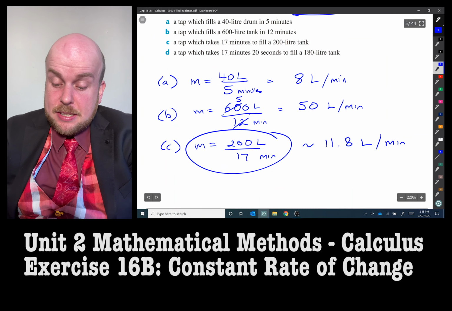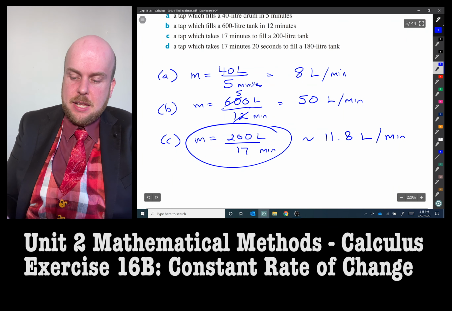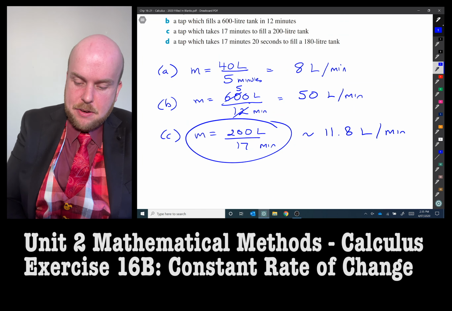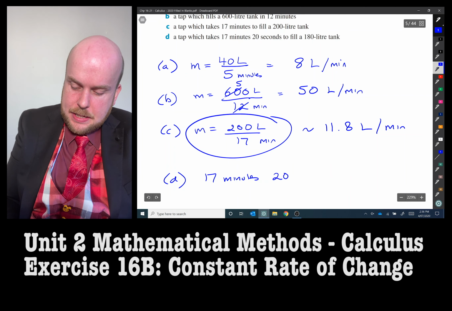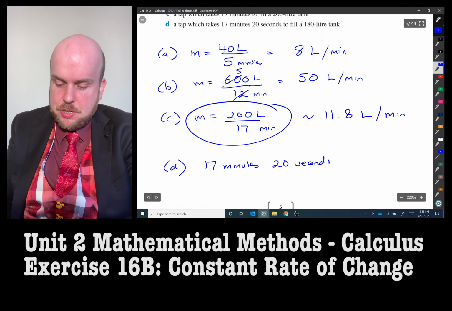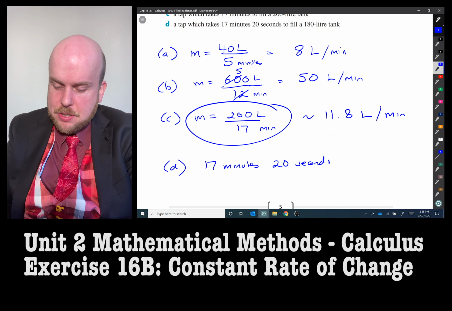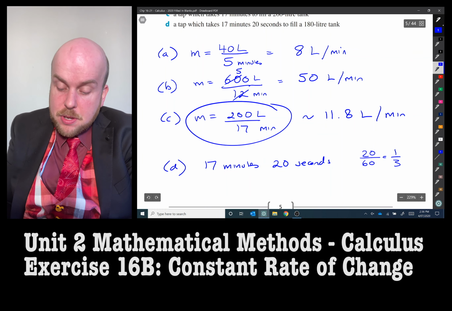A tap which takes 17 minutes and 20 seconds to fill a 180 litre tank. Hurrah, some challenge here. So 17 minutes and 20 seconds. Well, what we can do here is find out how much of that is in seconds. So 20 over 60, so that's going to be a third.